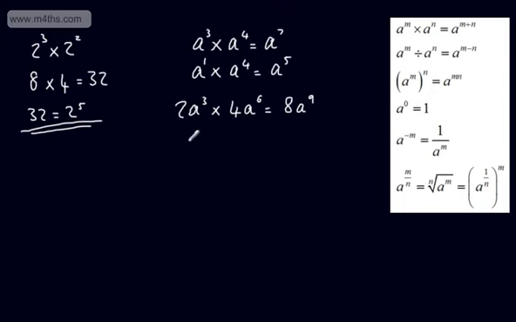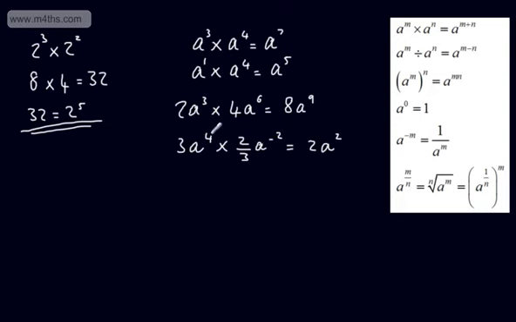Often they won't be as easy, so for example we might have 3a to the power of 4 multiplied by 2/3 a to the power of -2. So if we multiply the numbers, 3 multiplied by 2/3, well that's just going to give me 2 with the 3's cancelling. And now I'm doing 4 plus -2, so we're going to have a to the power of 2. Just be careful, if we've got a negative here, you're adding these, so essentially you're subtracting the 2 away.